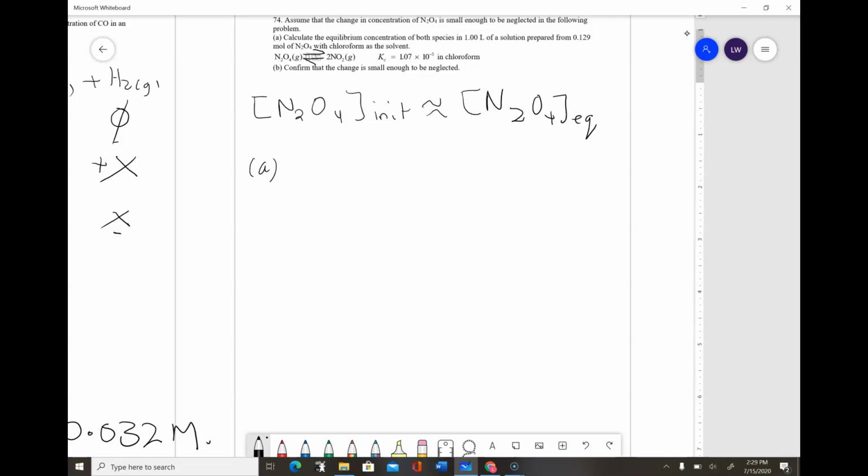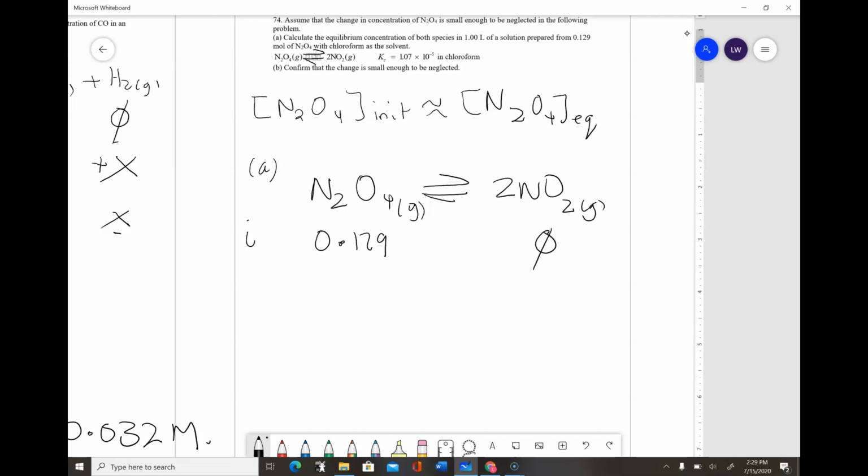So we're just going to prepare this from that N2O4, and so what that means is that the initial amount of NO2 is 0, right? We only have the N2O4. So initially we've got 0.129 of that, and we've got 0 of that. So the change is always going to be towards the 0.